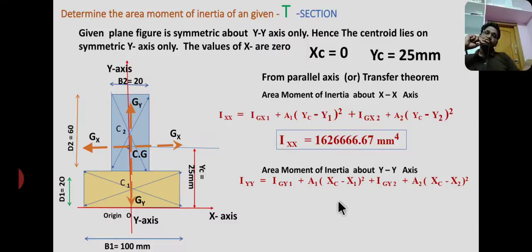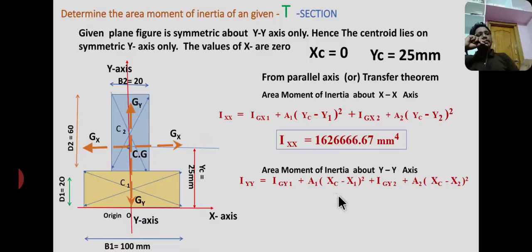Here xc minus x1 means the horizontal distance between centroid CZ and centroid C1, which is 0 here. Similarly, xc minus x2 is the horizontal distance between centroid CZ and C2, also 0.